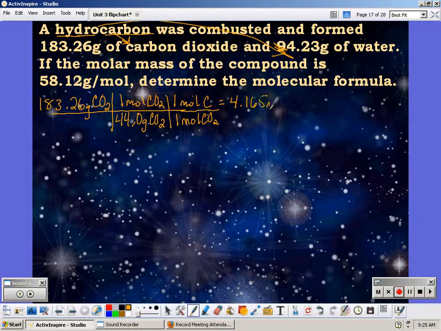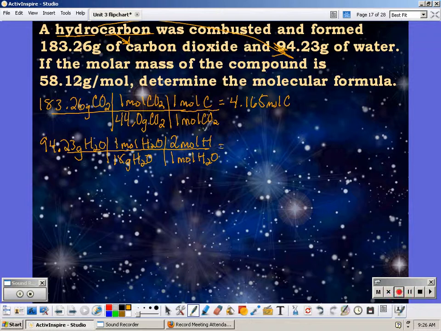Since hydrogen all goes into water, we can do the same thing there. 94.23 grams of water. For every 1 mole of water, we have 2 moles of hydrogen. So watch out for that 2 moles. For carbon to carbon dioxide, it was 1 to 1, but hydrogen and water, it's a 2 to 1.